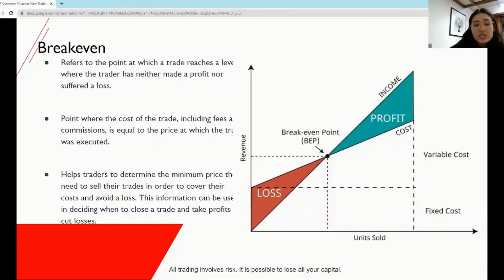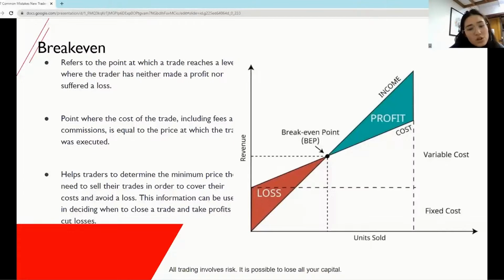For example, if a trader buys a stock at $100 and sells it at $110, the trader has made a profit of $10. On the other hand, if the trader buys a stock at $100 and sells it at $90, the trader has suffered a loss of $10. However, if the stock is sold at $100, the trader has neither made a profit nor a loss, and the trade has reached its break-even point.